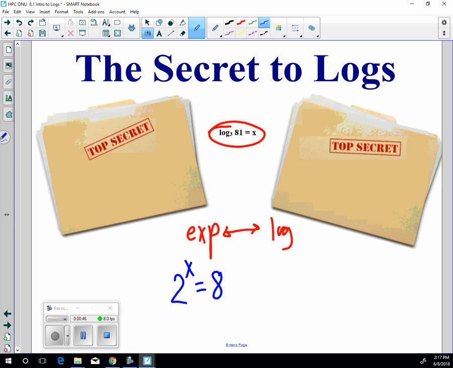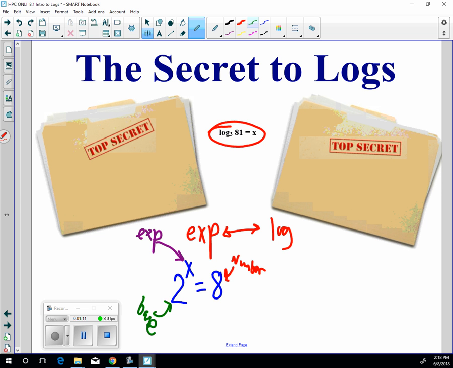All right? Now, if we want to turn that into log form, 2 is my base, x is my exponent, and 8 is my number. Sometimes they call it the argument.